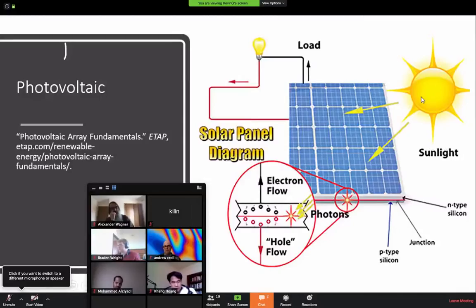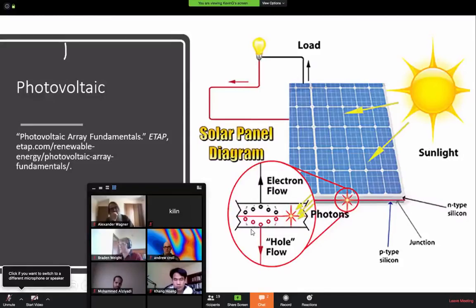If you look at the schematic I have here, you have sunlight. It shines on this solar panel. You have your N types here, which is associated with the electrons, and your P types, which is associated with the electron hole, and you have your junction between the N and P types.